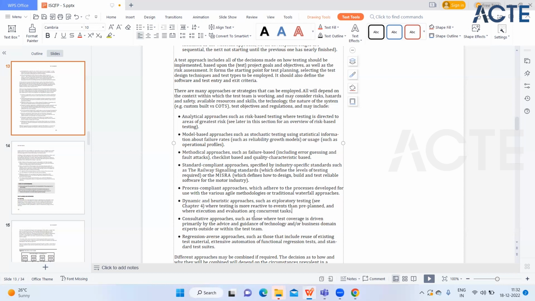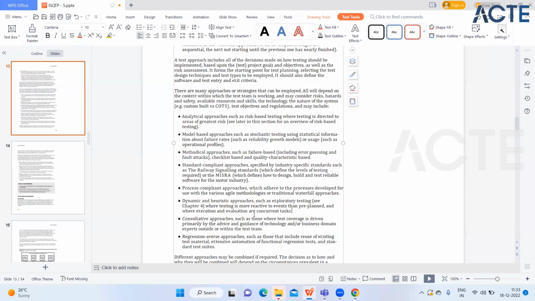No problem. Okay, so exploratory testing is like we are just checking things on the basis of our exploration. We are not having more time to perform testing, so we are just exploring the project or product, whatever it is built. So this is a kind of exploratory testing, and it will come under this dynamic approach.